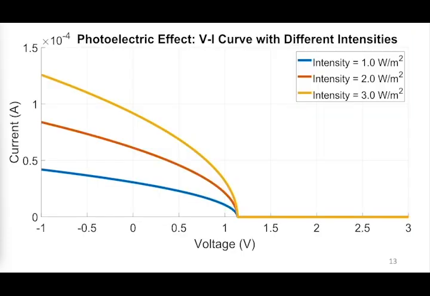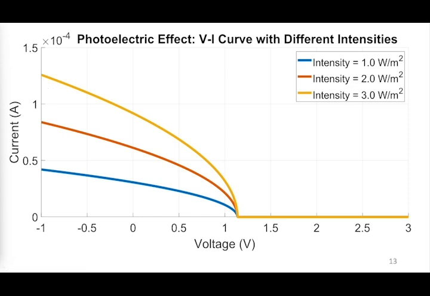Now, this is a voltage versus current curve with different intensities of light. So as you can see here, with higher intensities of light, we get larger current initially.